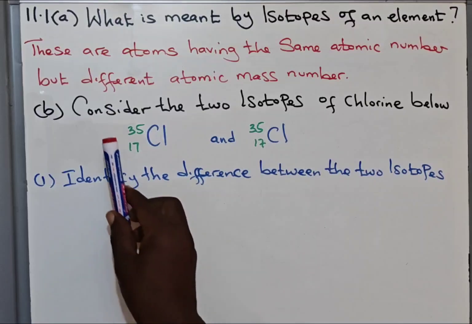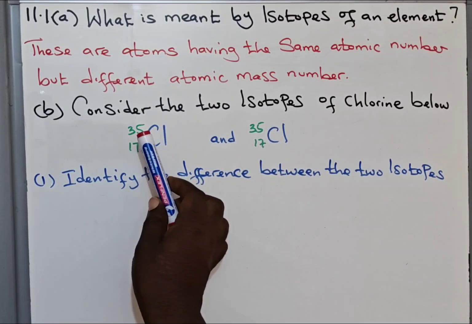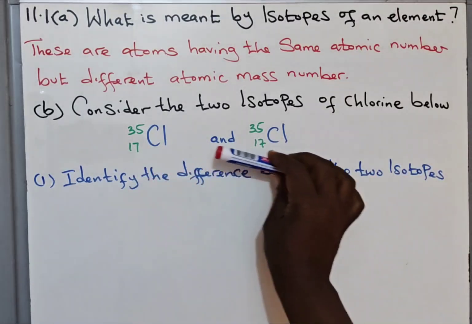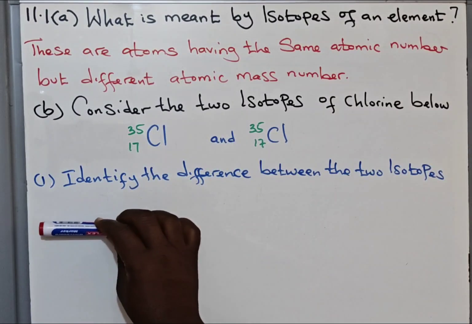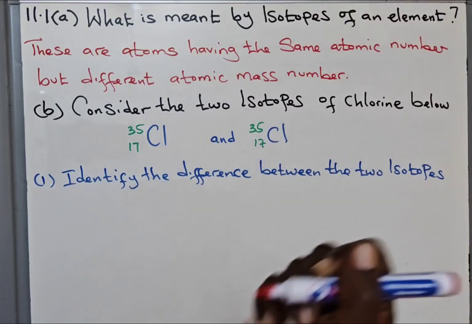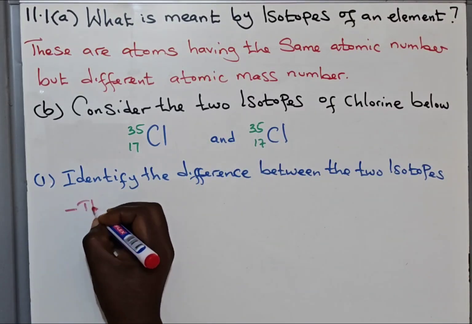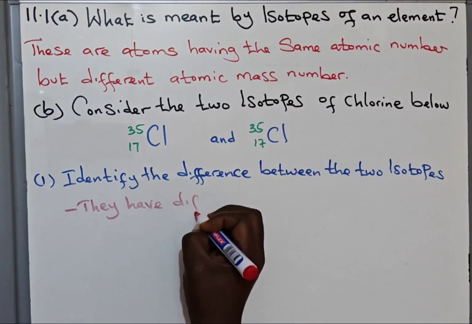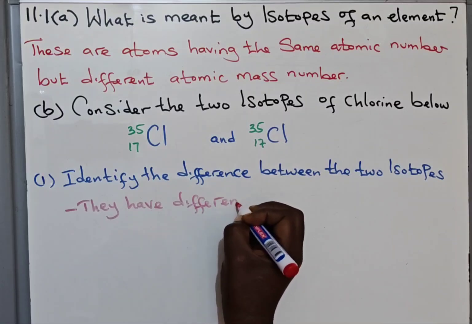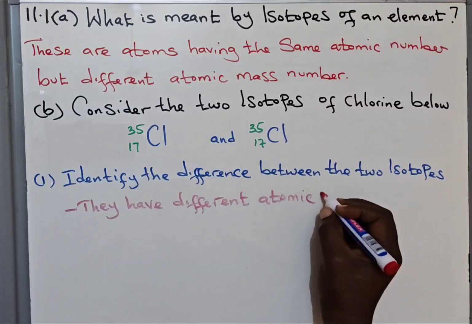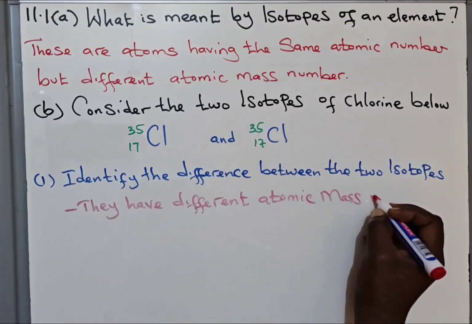Then we come to this question. Consider the two isotopes of chlorine below. Identify the difference between the two isotopes. One, they have different atomic mass number.